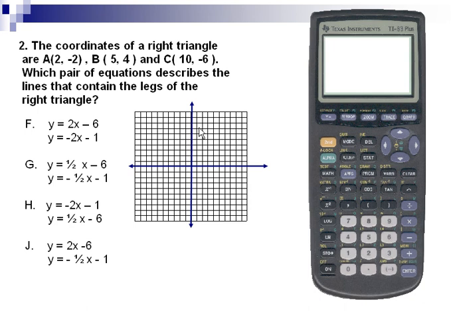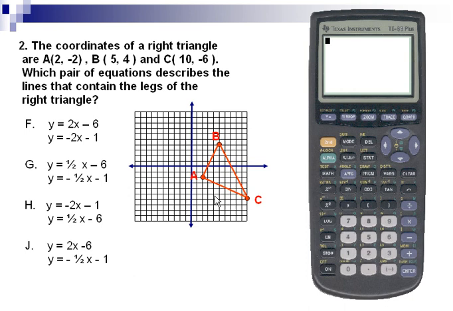Now plot point A, point B, and point C. Draw the right triangle ABC.